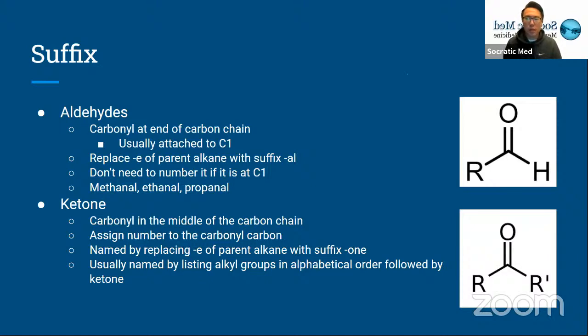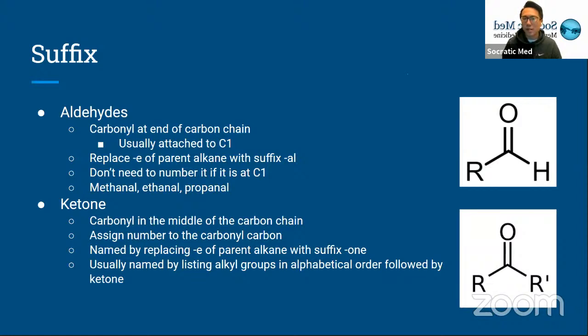And then when the highest priority functional group is an aldehyde, it's a carbonyl at the end of a carbon chain. I put the structure on the right to show you. Since it's at the end of a carbon chain, usually it's attached to C1, because if there's no other higher priority functional group, then it's the highest priority functional group.